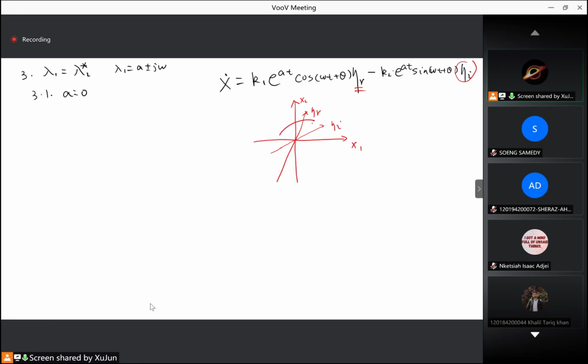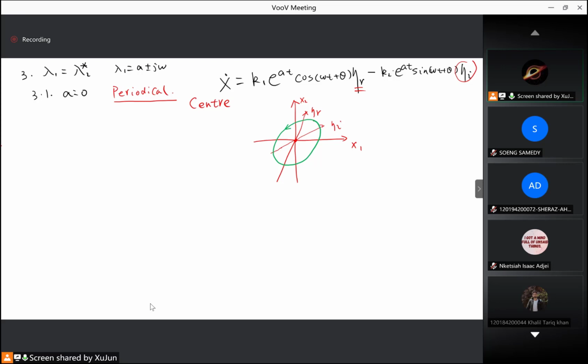That means it is periodic in this figure, and the direction is periodic. We call this case a center. The center means the balance point is the center.